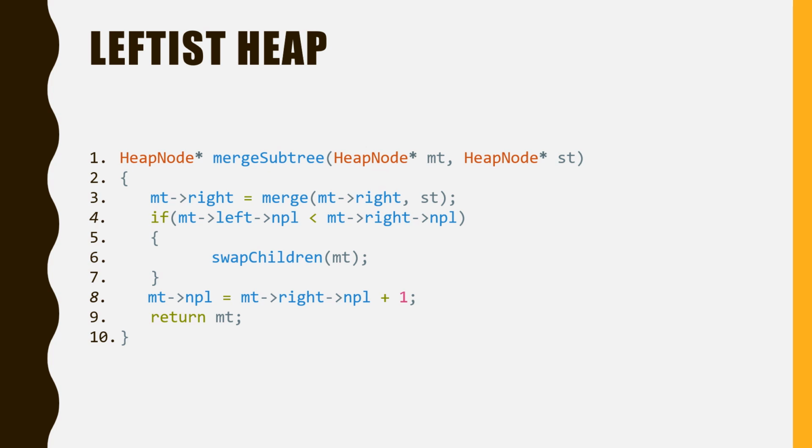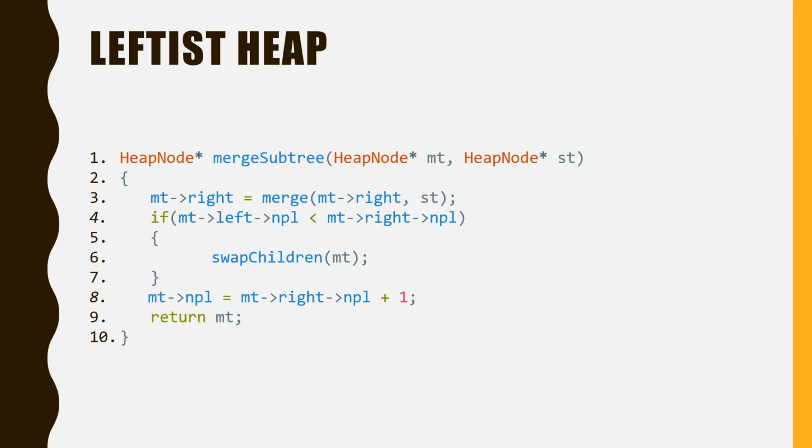In line 3, the merge is performed using the function merge, which is a wrapper function for the merge process. Subsequently, the root of the merged tree is assigned to the right child of mt, effectively attaching the merged tree as the right subtree of mt. In lines 4 to 7, the MPLs of mt's children are compared.